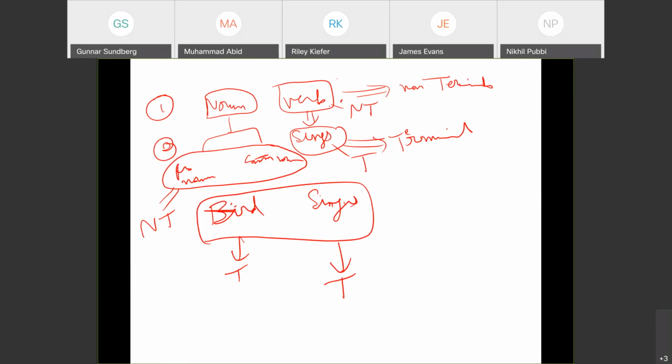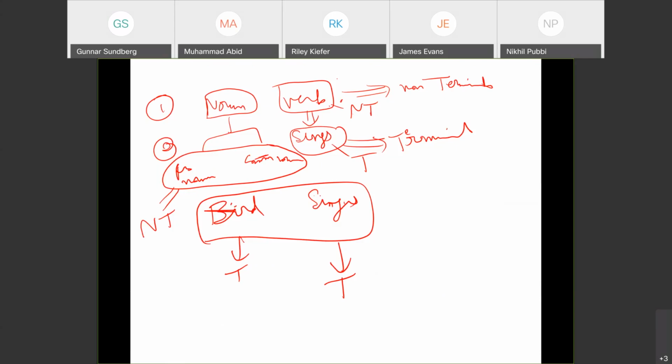Anything which has the potential to be replaced by something is called a non-terminal. When we make this sentence, we parse whether it is valid according to English semantics. Yes, it is good. But if you put Wednesday instead of bird, it will be an invalid word. So this is the difference between non-terminal and terminal.